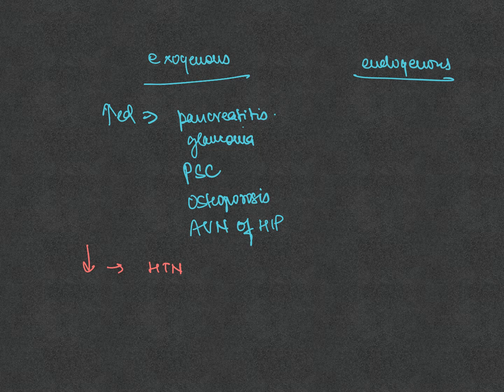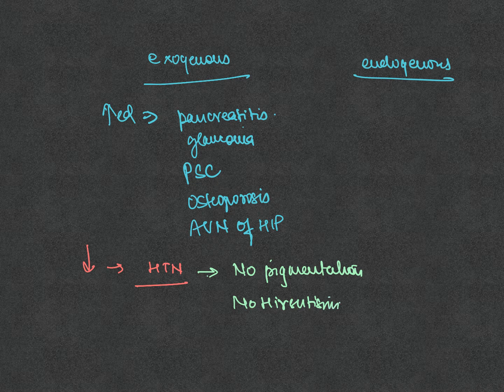hypertension, and there is going to be no pigmentation and no hirsutism. Okay, while in endogenous, because ACTH is going to get increased, so what is going to happen, there is going to be more cortisol levels, and 11 beta HSD2 is going to get saturated.